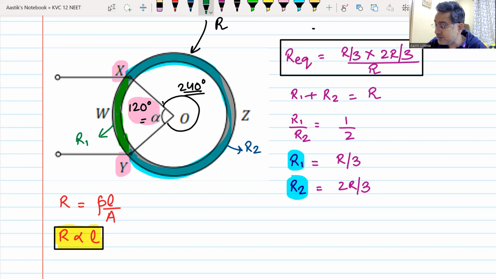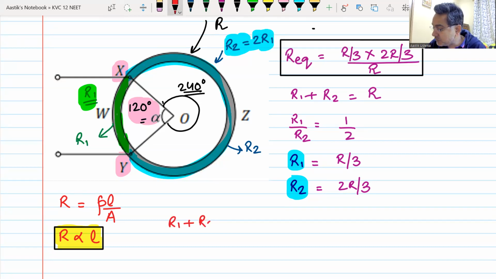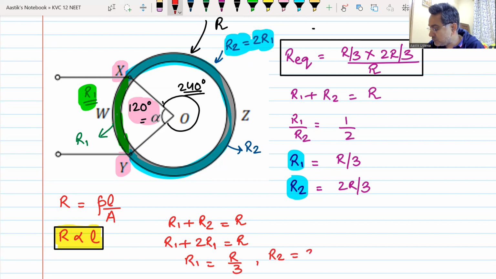If you still don't understand, this is R1 and this blue one is R2. This R2 is 2 times of R1, and this is R1. Now if I add R1 with R2, I must get R. R1 plus 2 times of R1 should be equal to R. So R1 will be equal to R by 3, R2 would be equal to 2R by 3.